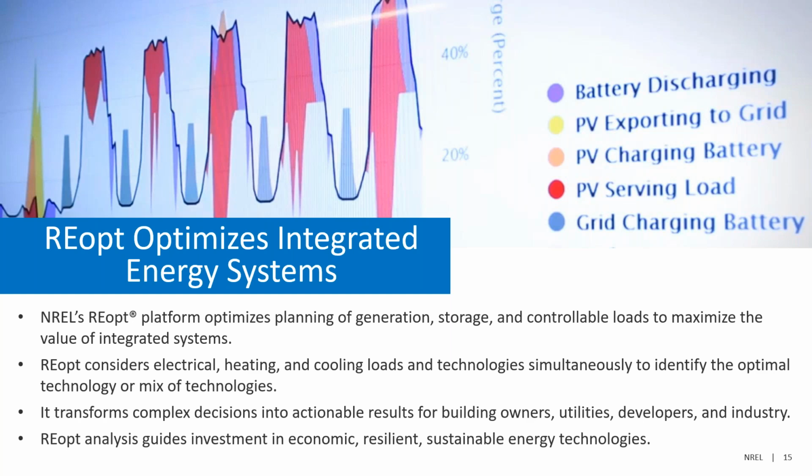And so this transforms potentially complex decisions into actionable results for building owners, utilities, developers, and industry, and can be used to guide analysis decisions for investments in economic, resilient, and sustainable energy technologies.